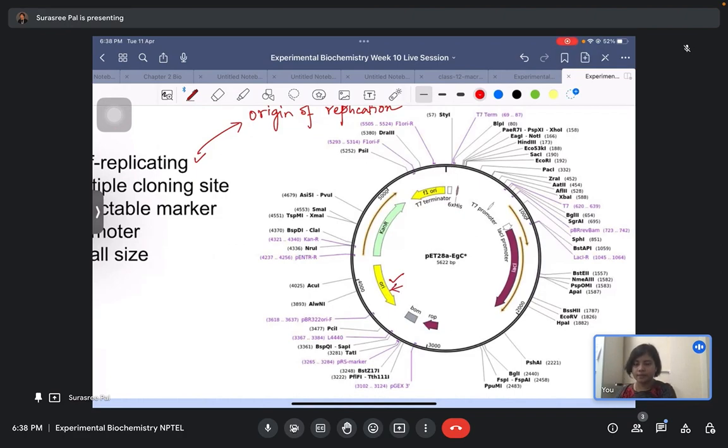This is the ORI sequence where the replication of the plasmid can begin. And it is self-replicating, so its replication does not depend on the replication of the genomic DNA of the bacteria. It can replicate on its own without help from the genomic DNA of the bacteria.